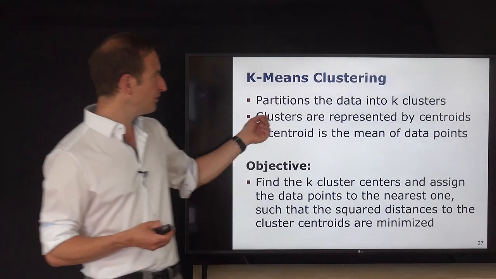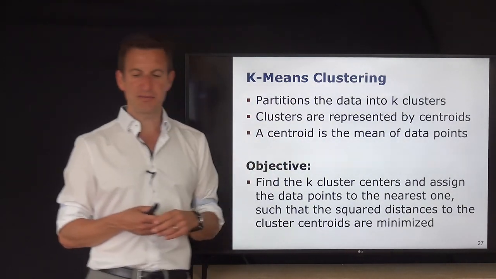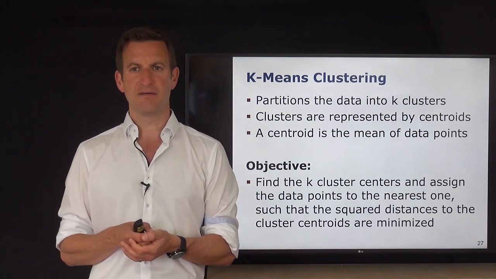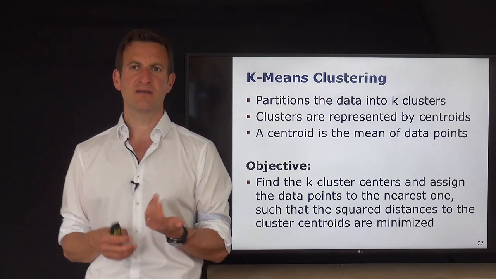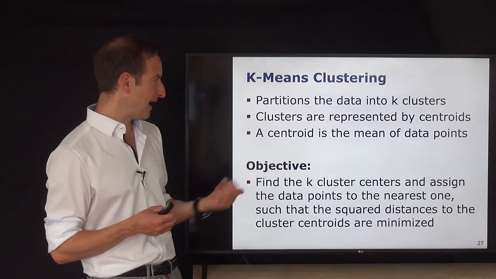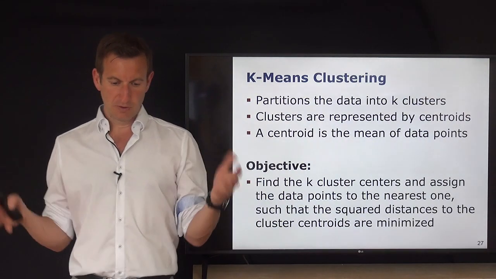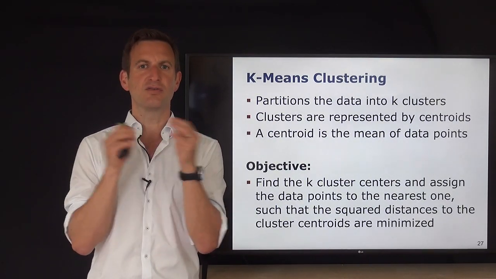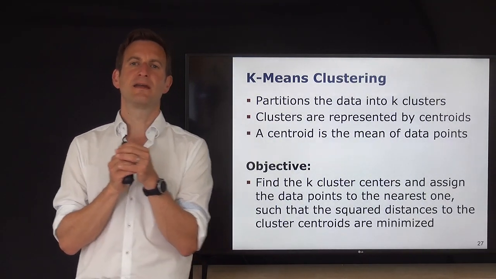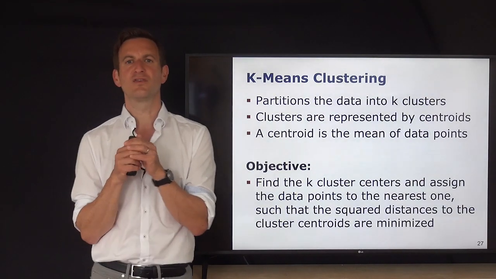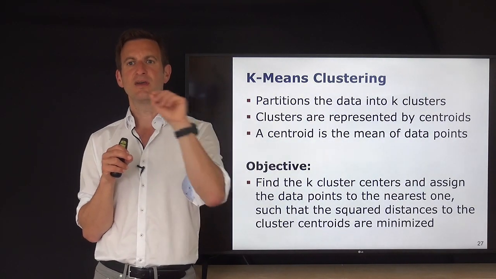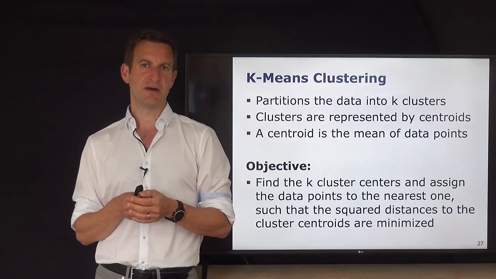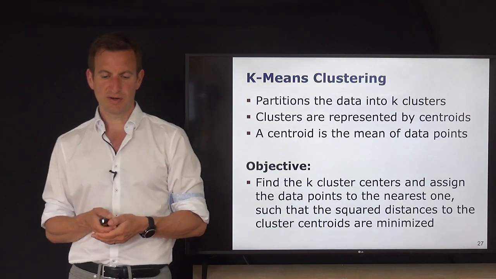The k clusters that are generated will be represented by k centroids, and the centroid is typically the mean of the data points. The objective of the k-means algorithm is to find k clusters and assign all the data points in my data set to the closest centroid, to the closest cluster. I do this in a way so that the squared distances between the individual data points and the centroids to which they are assigned are minimized. So I'm minimizing squared distance.